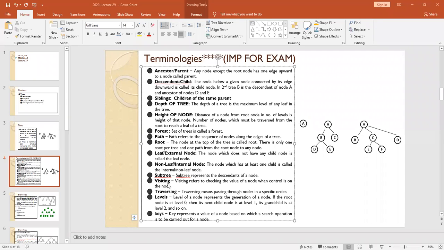Next, visiting. Visiting refers to checking the value when control is on the node. So checking the value of the node when control is on the node. So next you come for traversing. Traversing means passing through nodes in a specific order.